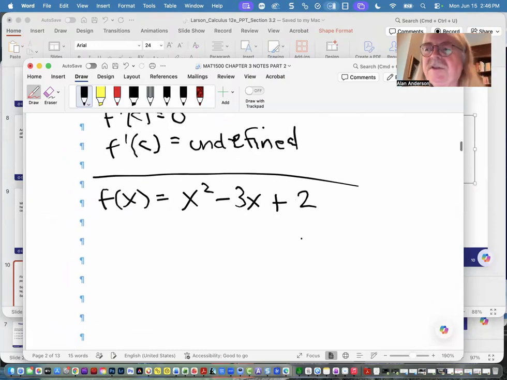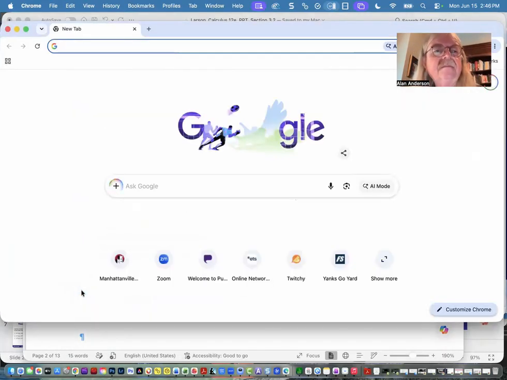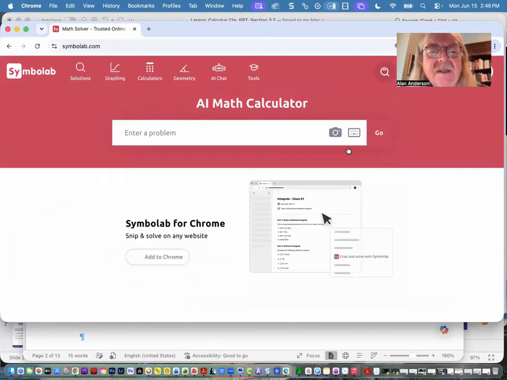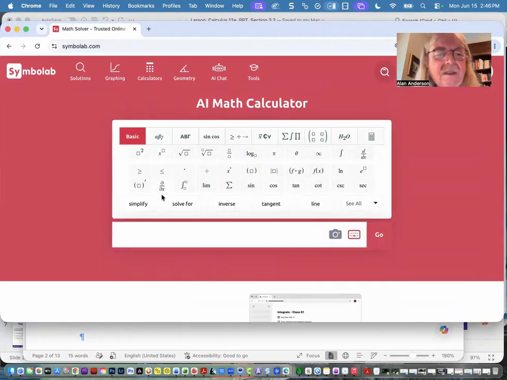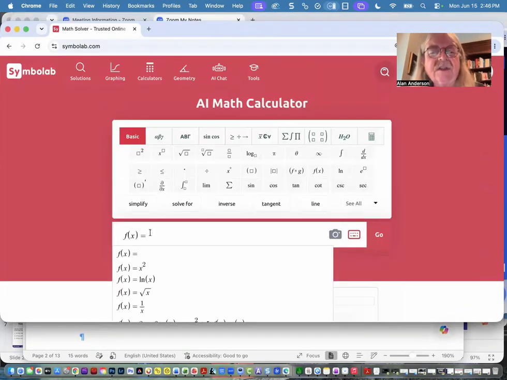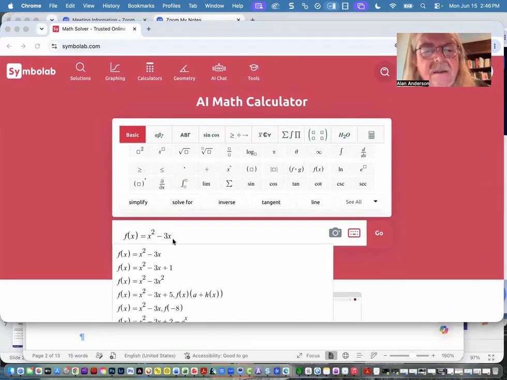And you know what we should probably do? Why don't we go take a look at SymbolLab and see what this thing looks like, just so we can visualize what they're trying to illustrate here. y equals, or f(x) equals, doesn't matter. Once again, it was x squared minus 3x plus 2.